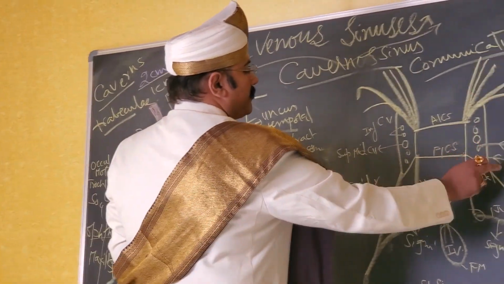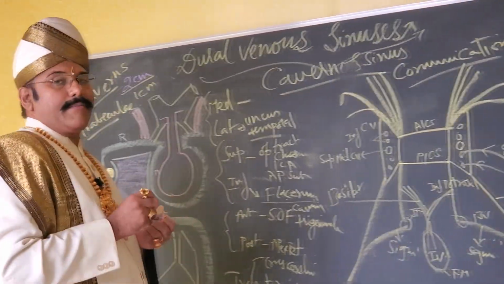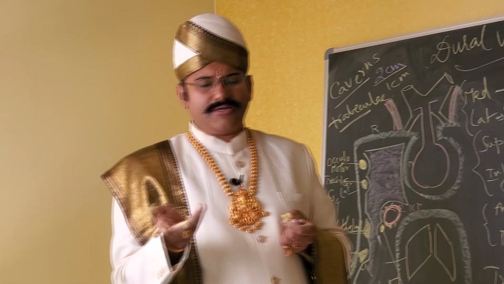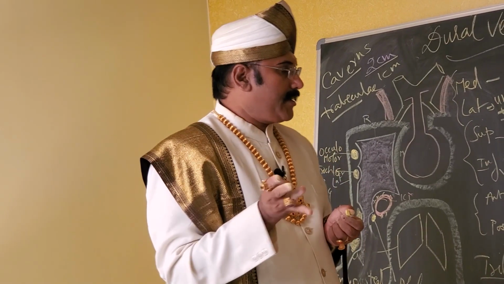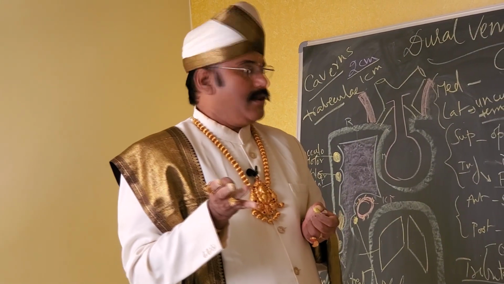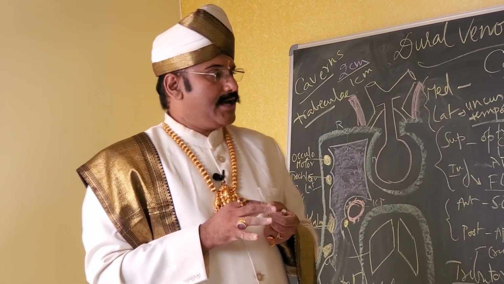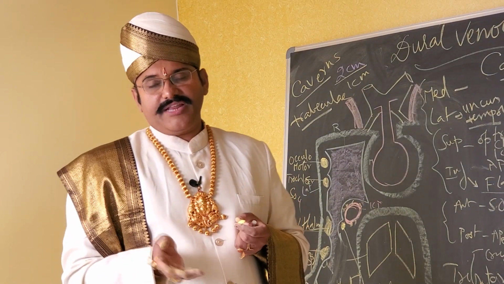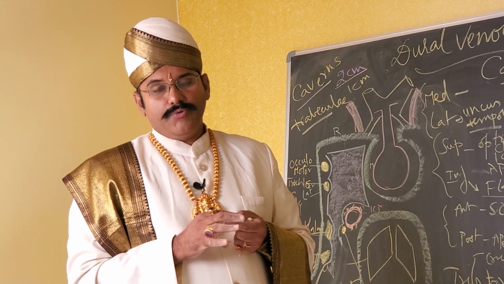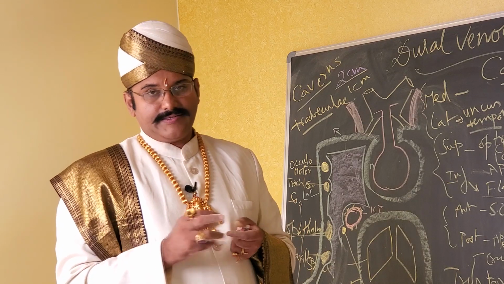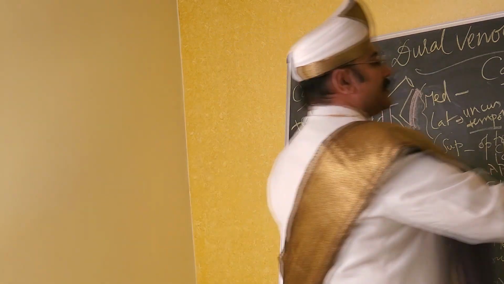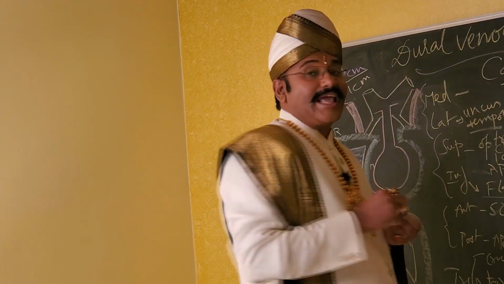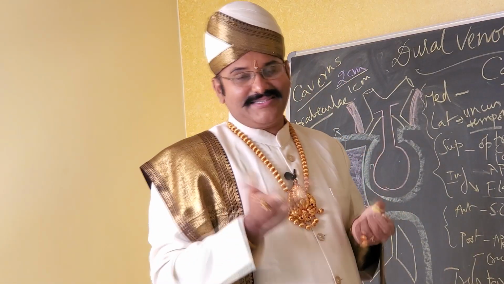We have got some emissary veins from the foramen lacerum, the foramen rotundum, and the foramen ovale. The blood in the emissary veins passes in both directions because they are valveless veins. These are communicating with the cavernous sinus and the pterygoid venous plexus of veins. This is very important.